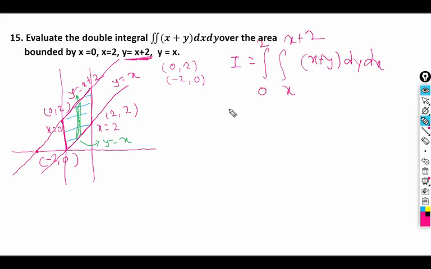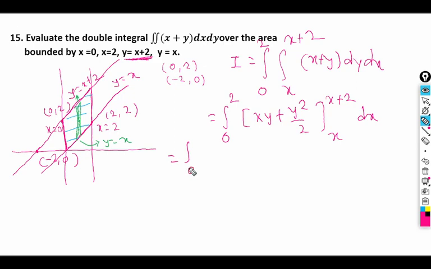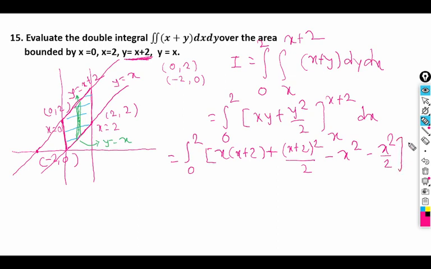That's one. So simple integration, you can easily do it. 0 to 2 as it is, the integral of x with respect to y is xy + y²/2, with limits of y from x to x + 2. So the next step: 0 to 2, x(x + 2) + (x + 2)²/2 for the upper limit, and for the lower limit minus x²/2, dx.